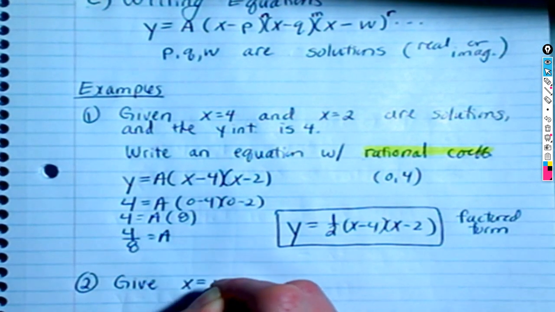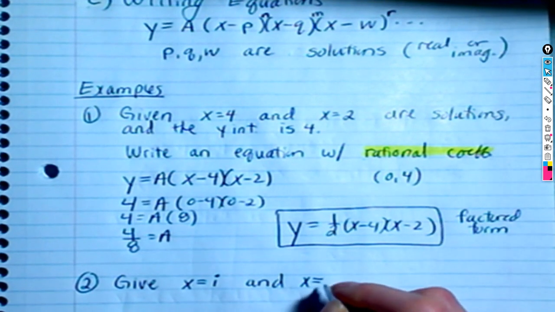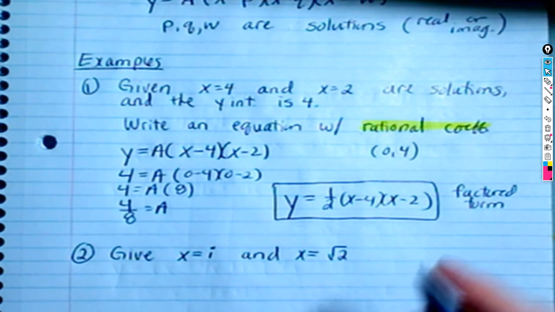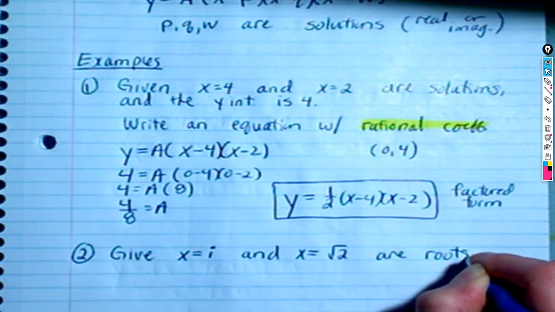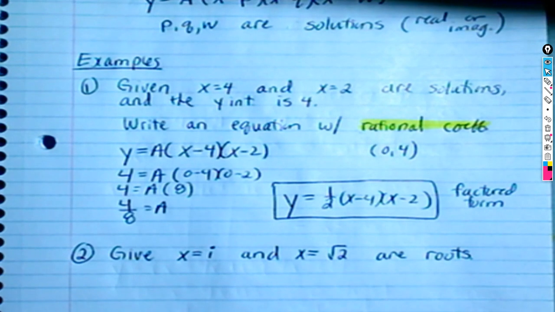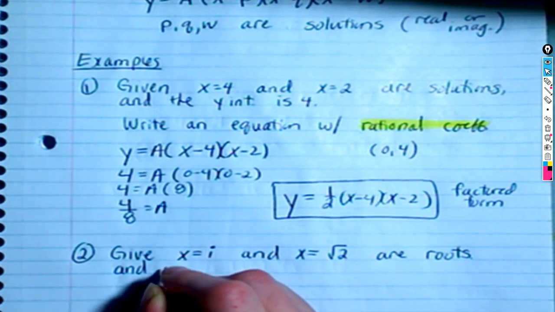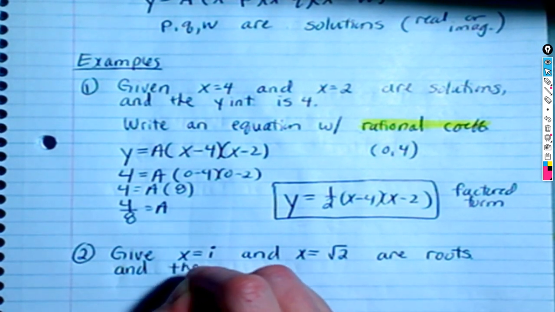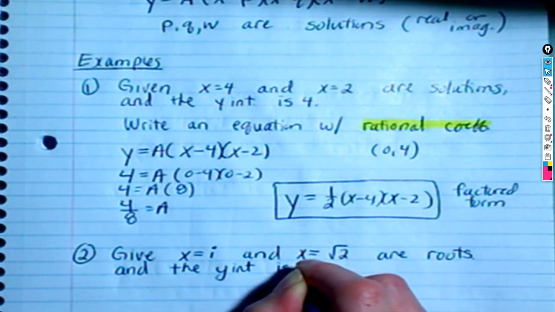Given x equals i and x equals root 2, okay, are, I'm going to change the word, roots. Roots and solutions are the same thing. And y-intercept is 10.